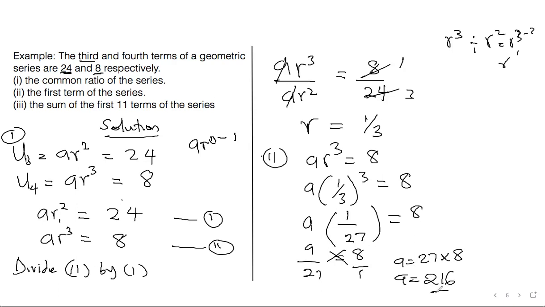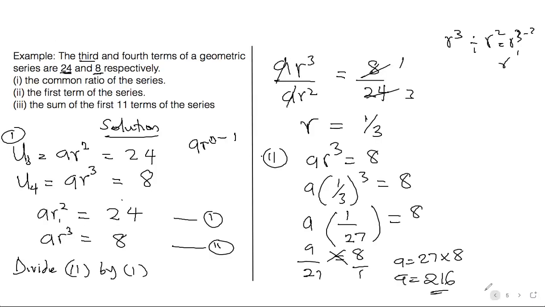Okay, so that's the first term. Then you have to find the sum of the first 11 terms of the series. In this case, n is 11.